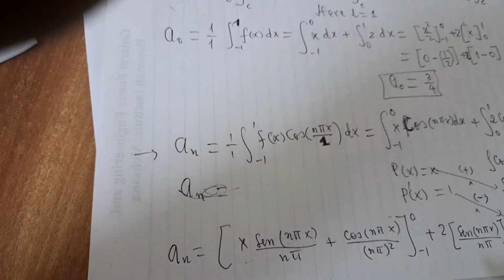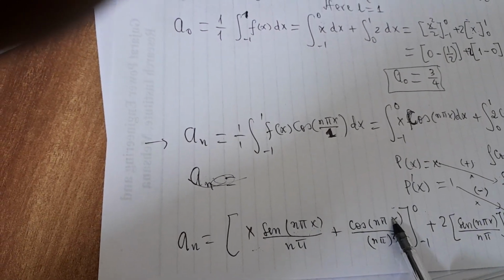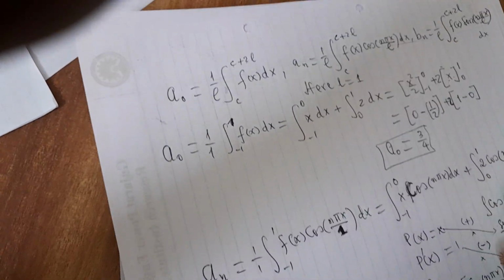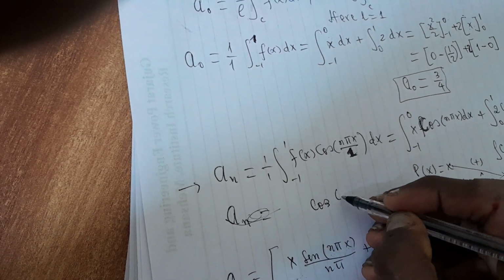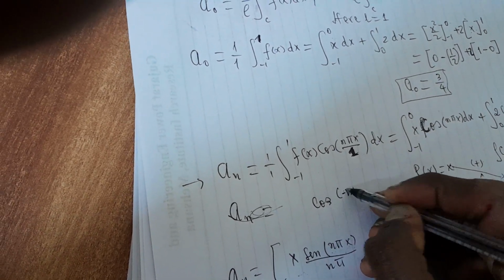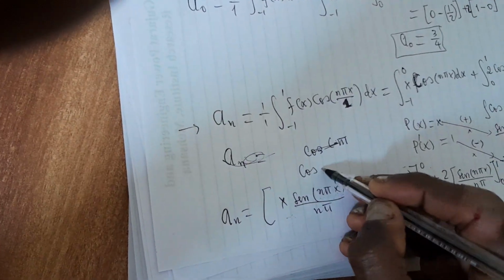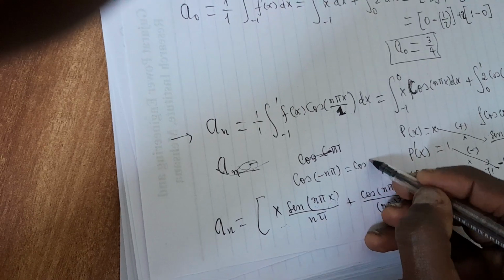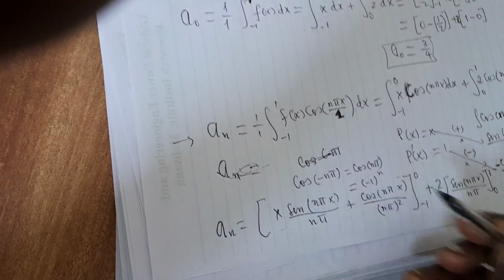So for the first it will be 0. And how about the second value? Put minus 1 here, and you get cosine of minus n pi. Cosine of minus n pi is the same as cosine of n pi, and it is minus 1 to the power n.